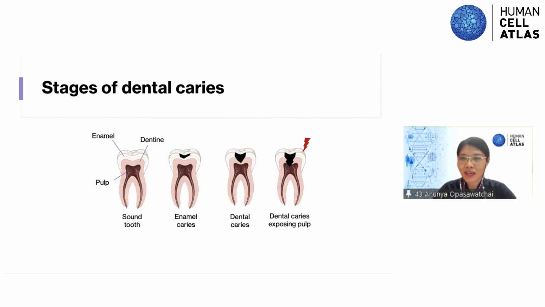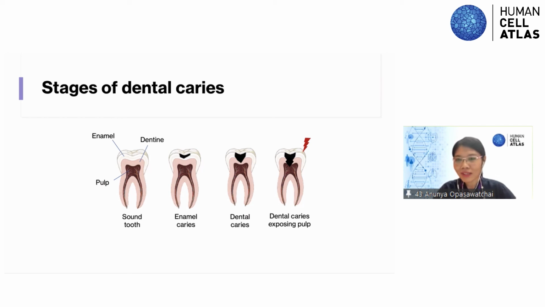And as the teeth have non-shedding surfaces, they are the perfect place for bacteria to colonize. These bacteria are capable of producing acid, and that acid can demineralize the enamel and the dentine, and the bacteria will start penetrating deeper and approaching the pulp chamber.